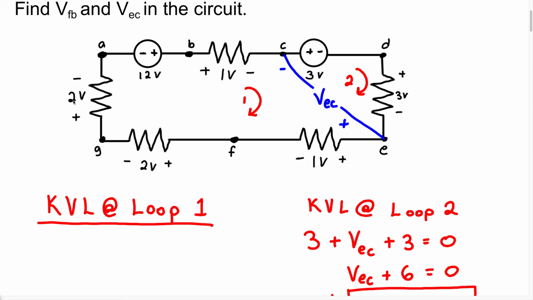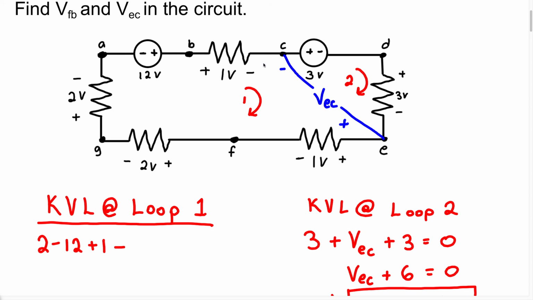So as we walk around this loop this way, we're going to have a voltage drop. So we're going to have 2. Now, as we continue, we're going to have this 12-volt source. Because we're entering the negative terminal, we're going to have minus 12. Then we're going to go to the 1-volt resistor, which is going to be plus 1. Then once we get here, we're now going to come down this way. So we're going to enter the negative terminal.